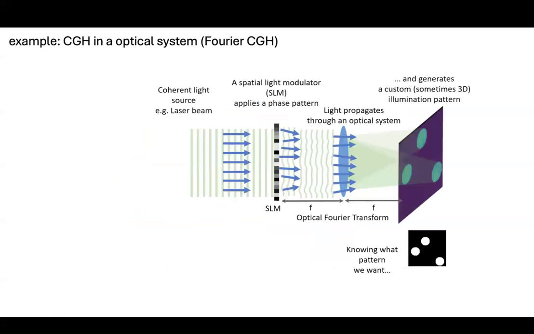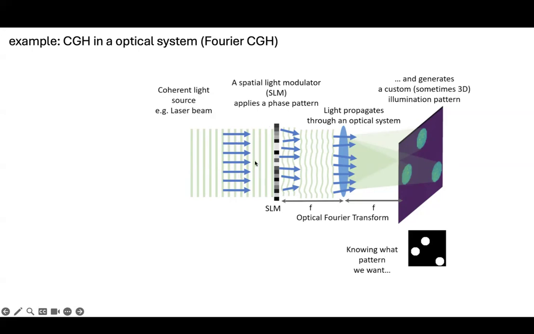Okay, so I wanted to talk about computer-generated hologram in a more specific example, which is using it in an optical system. It's also called Fourier computer-generated holography. So let's say you want to generate a hologram in your microscope for whatever reason that I'm gonna explain in the end. And usually in a microscope you have a laser beam, which creates a coherent light source.